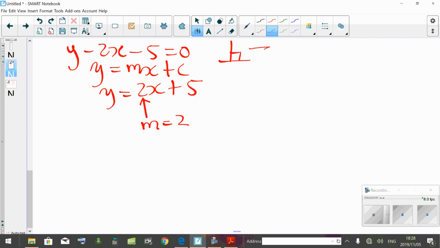So what it means is that m here is equal to 2. Now for two lines which are perpendicular, we know that the gradient of the first line multiplied by the gradient of the second line should give us -1.